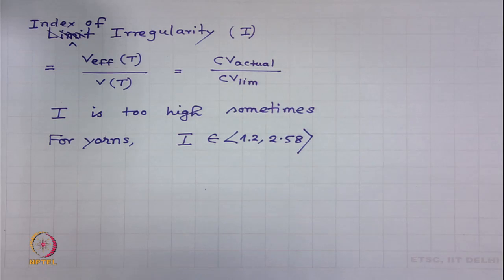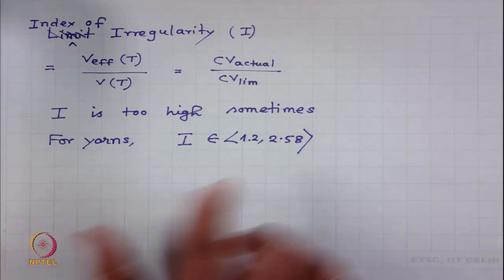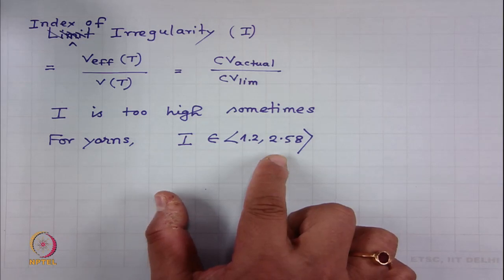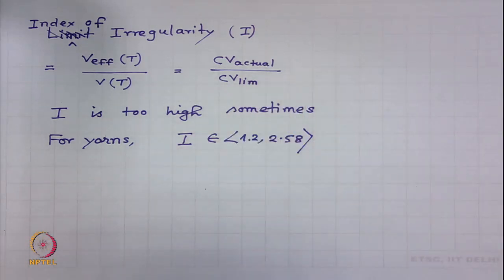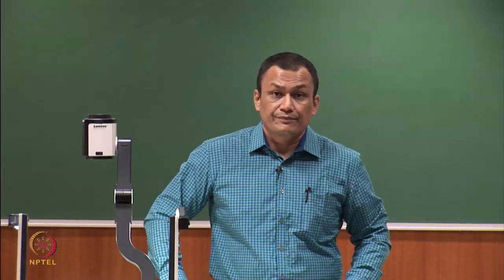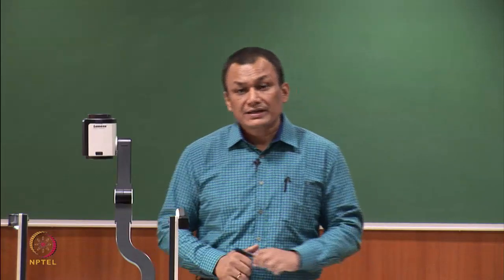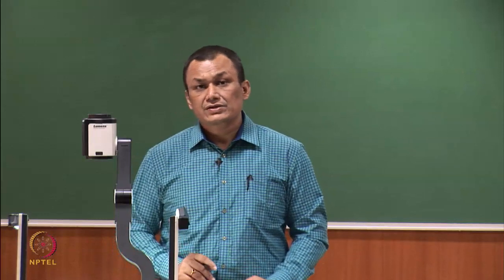What it infers is, if we consider index of irregularity is say 2.58, which is often found, then actual CV is 2.5 times higher than limit CV. This clearly indicates that Martindale's model is not too precise.